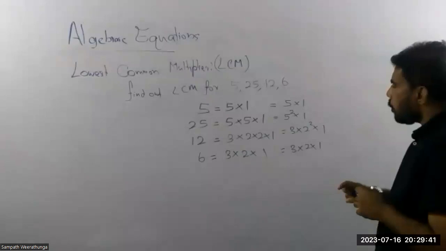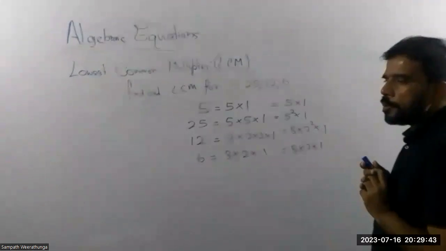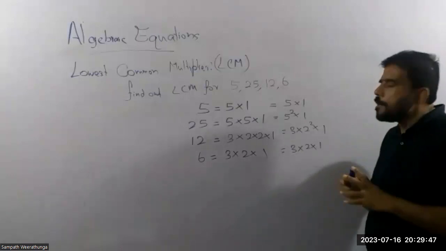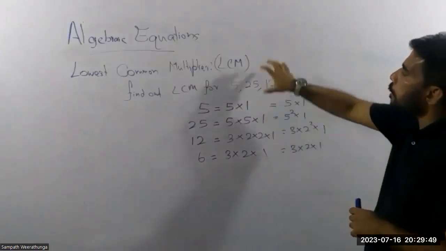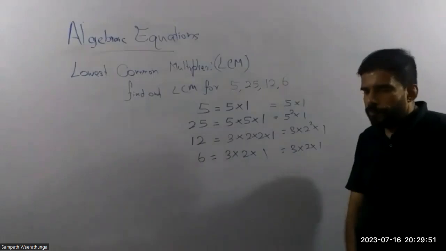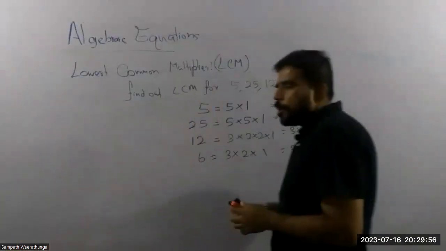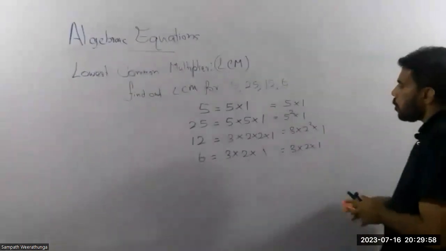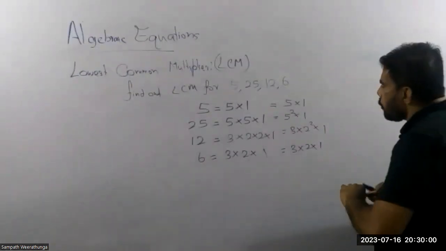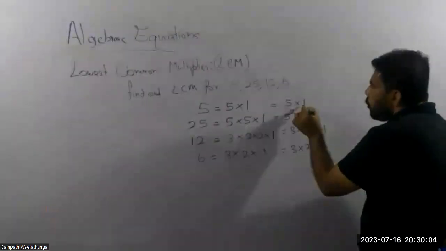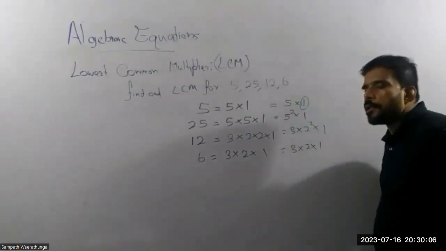Now I'm going to consider what are the candidates for generating my lowest common multiple? 1 is common to all, so we have to take 1 from all these combinations. 1 is one candidate.